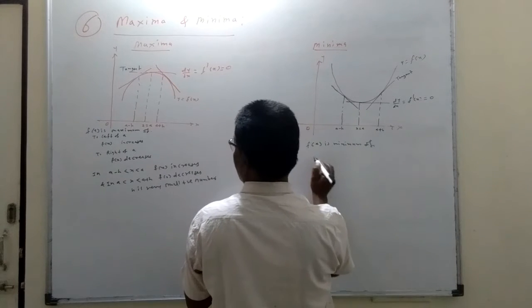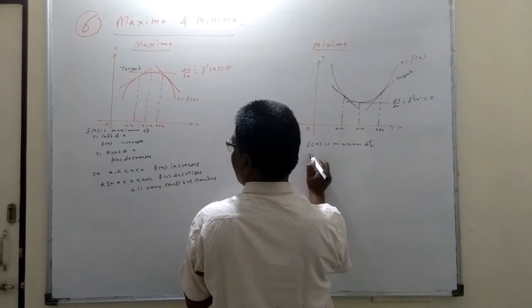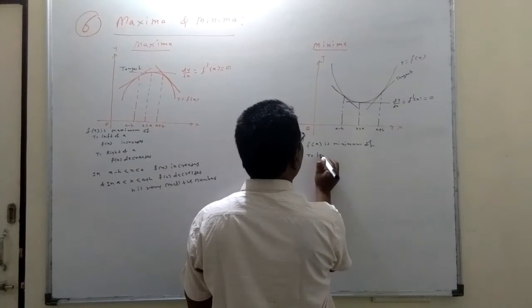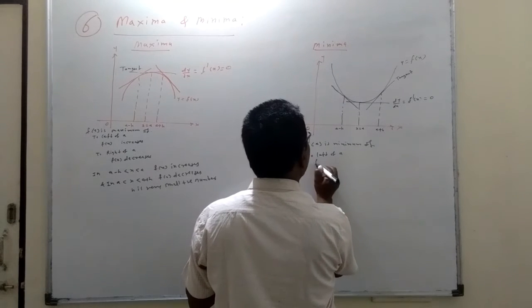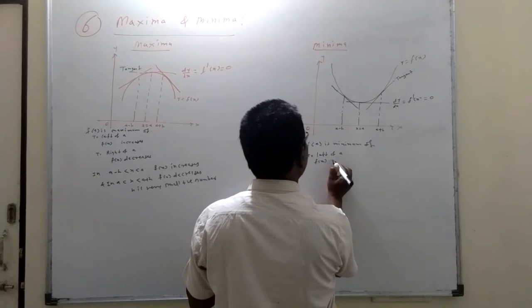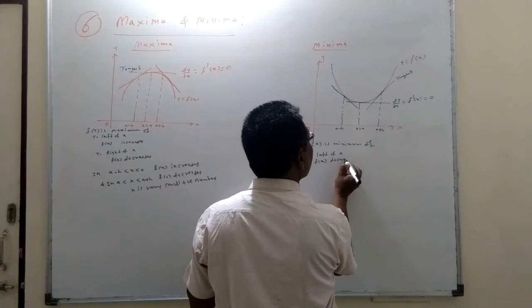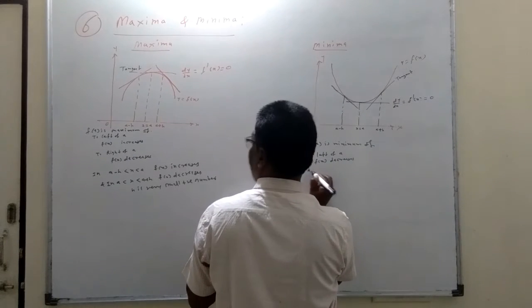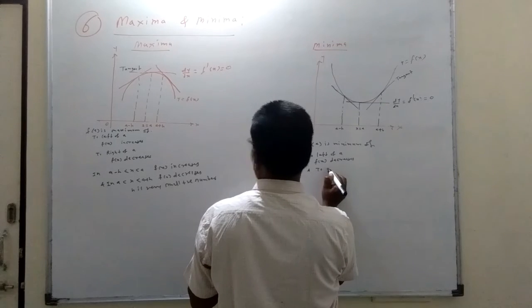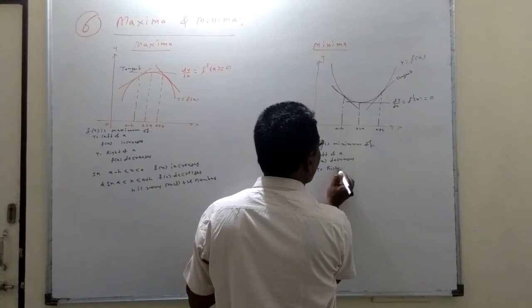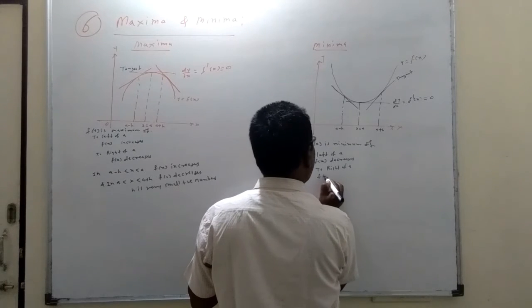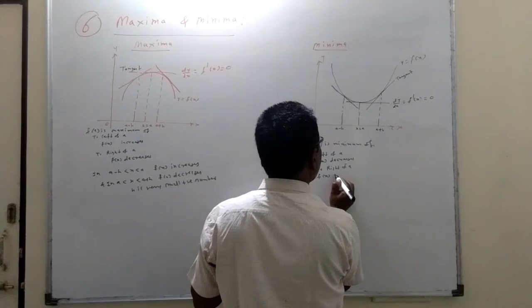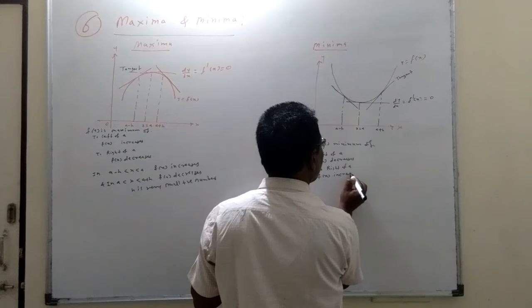if, to the left of a, f of x decreases, and to the right of a, f of x increases.